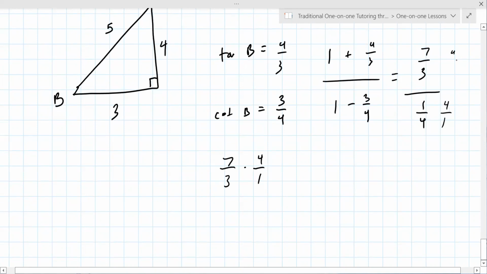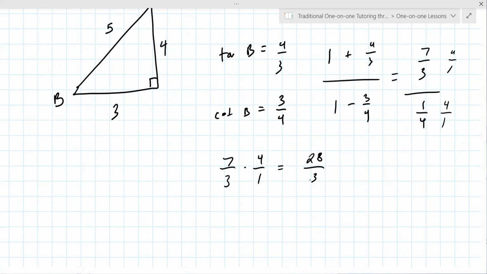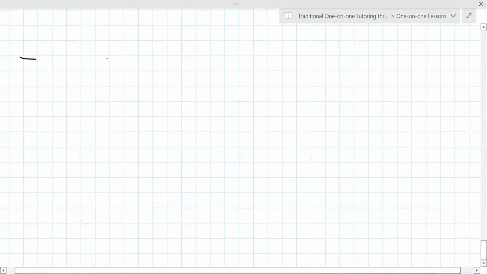So multiply by 4 over 1, and that gives you 28 over 3. Okay, is that good? Is that clear? Yeah. Okay, so let's do another one here.